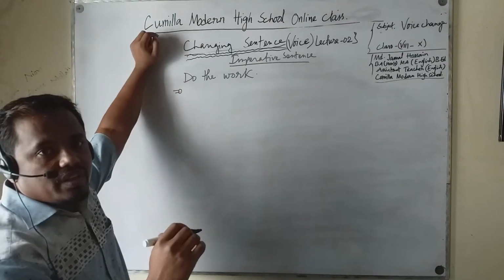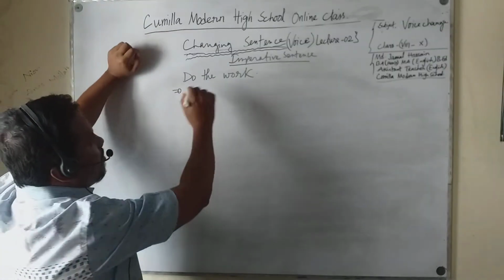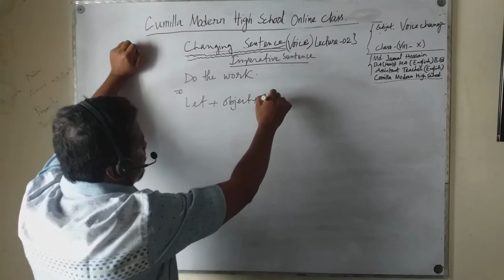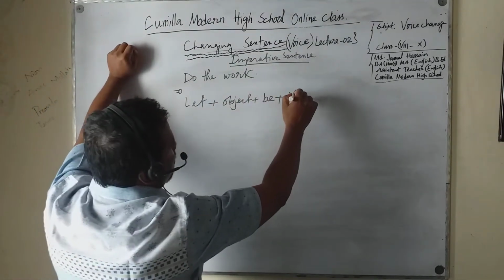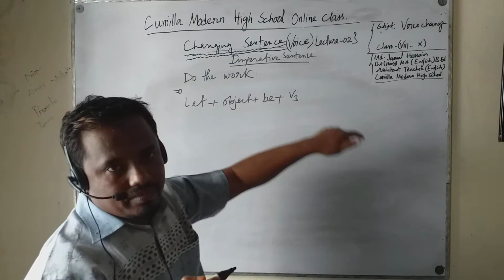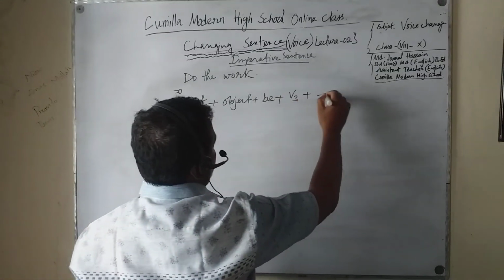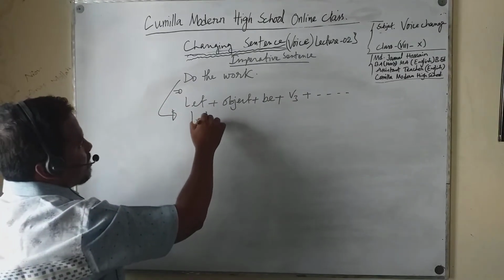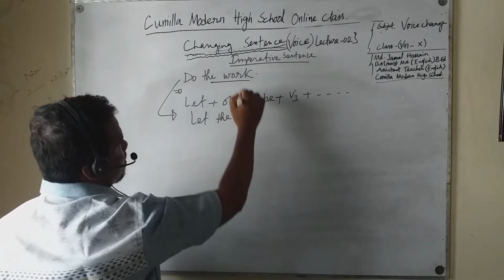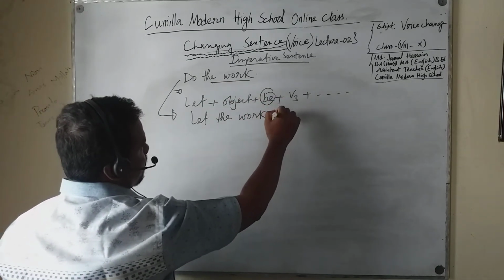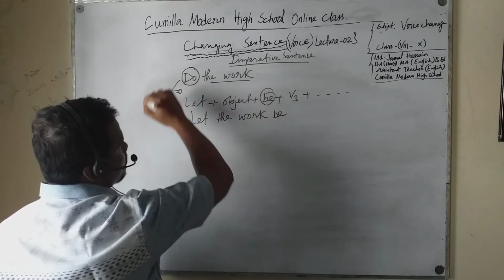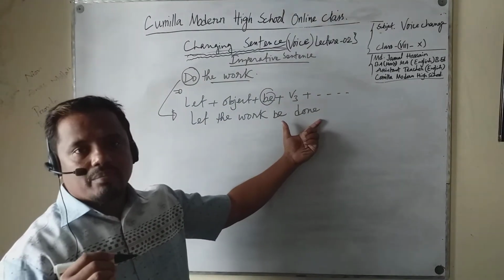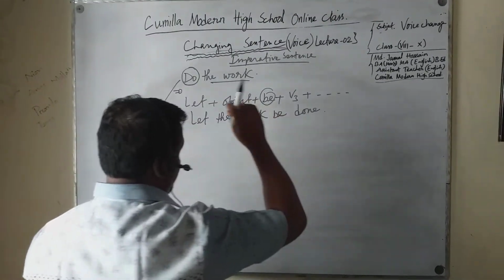The passive voice of an imperative sentence starts with let plus object plus be plus B3, that is the past participle form of the verb, plus extension. So the answer will be: let the work, object here, then be, the main verb is do, let the work be done. Okay, if the sentence is affirmative.